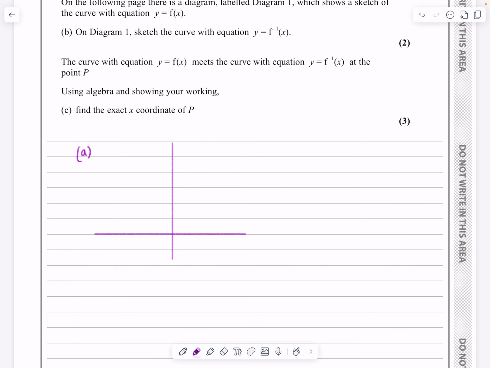Okay, if we've got our axes that look like that, I would expect everybody to know what y equals 2x squared looks like. That's the function y equals 2x squared. And if I'm going to do the function y equals 2x squared minus 5, then all that's going to happen is that we're going to get that as our graph.